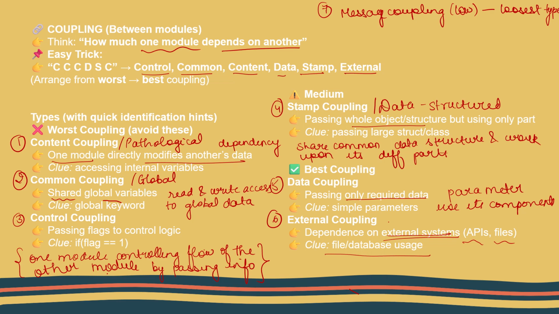This is achieved by state decentralization, and component communication is done via parameters or message passing. This is your message coupling.